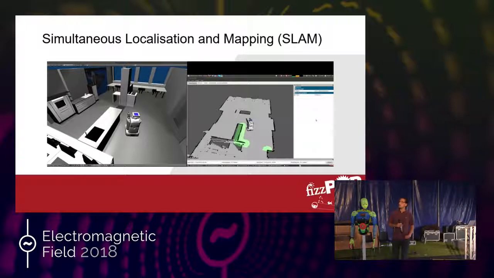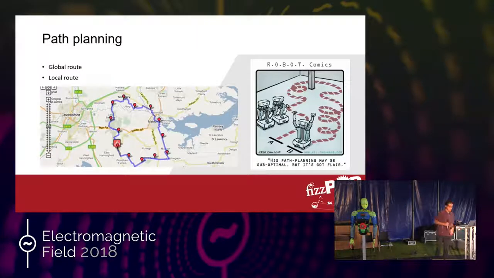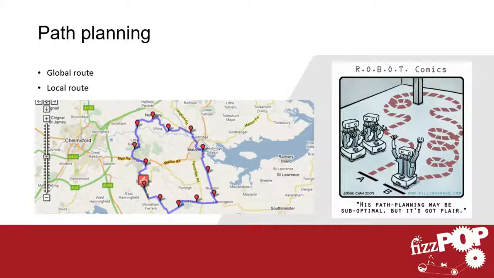ROS can then use that to create a map of the area that it's seeing, and it can also identify where it is on the map, and then you can navigate through that map. It does that by planning a path. This is a bit of an exaggeration, because this robot will never go on a trip outside fizzPOP pretty much unattended. But it does that by planning two sorts of paths: one from the first point to the end through waypoints, and then planning between the waypoints how to get to each one without hitting anything.